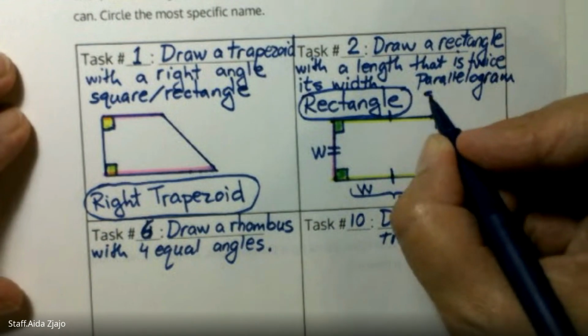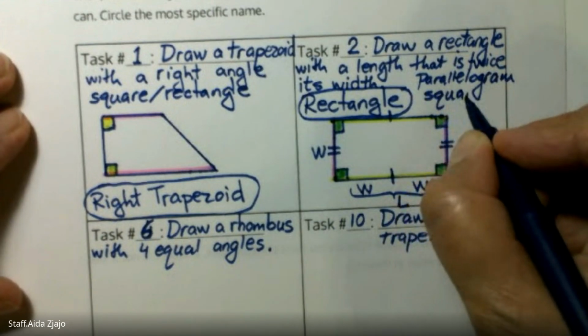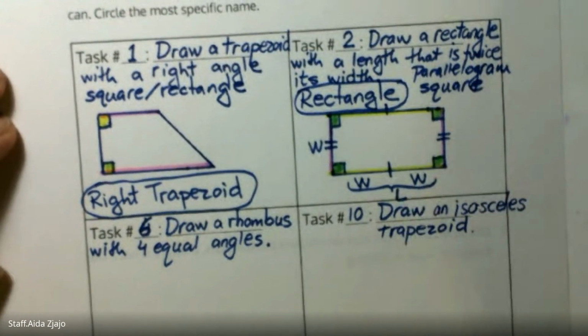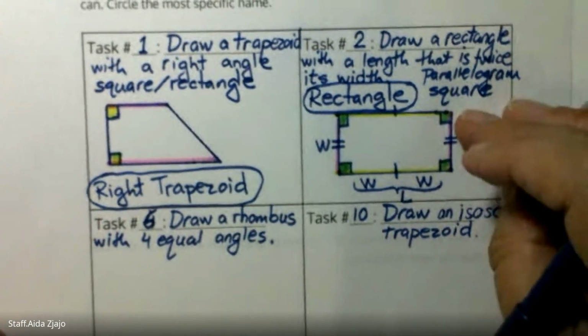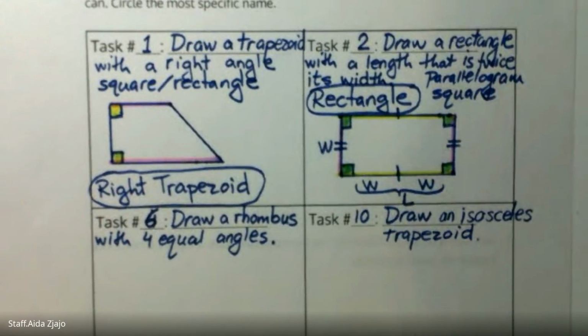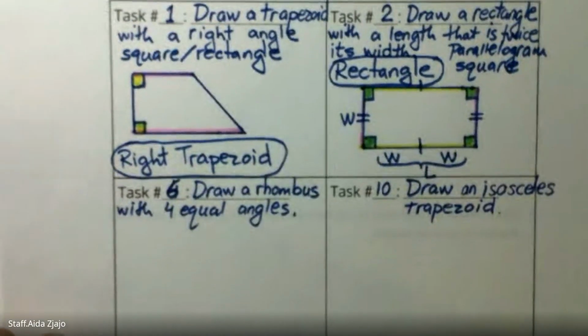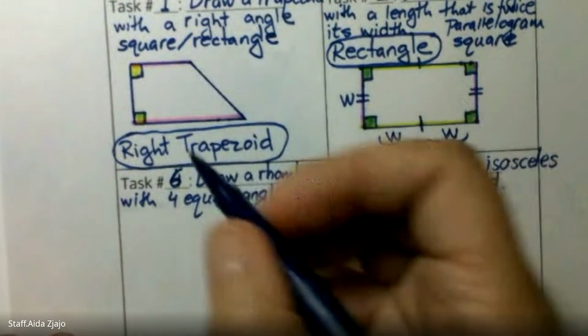It could be a square. It could be a quadrilateral. All of these are quadrilaterals. Okay, let's move to the next one.